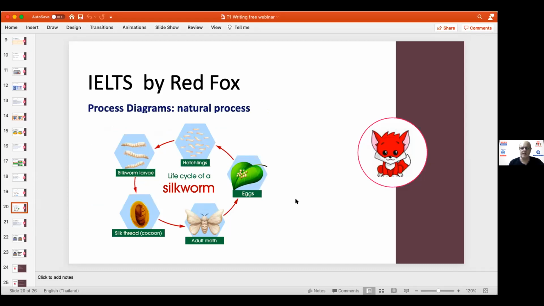In each case, we look at the fact that we've got a set of different stages. That's usually our overview. And then again, every stage is important. So we have to plot the stages of the process one by one, turn by turn. Similarly to maps and plans, we've been using a lot of passive verbs here.